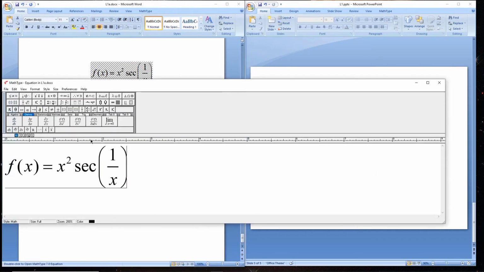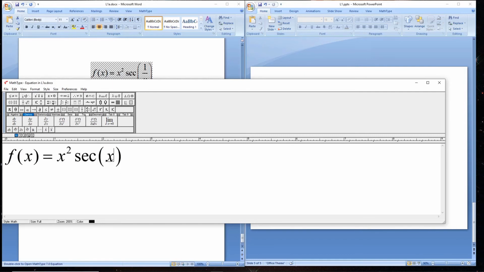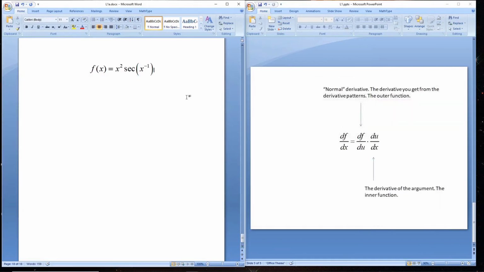Remember, now this is the way the book has it written. But remember, 1 over x is x to the minus 1, which is a power function. So identify the functions you have. We have secant and 2 power functions.